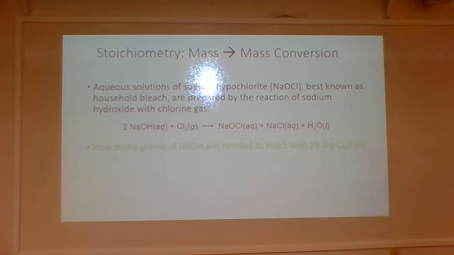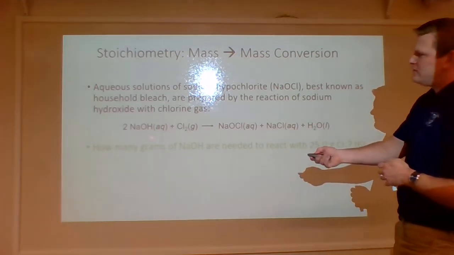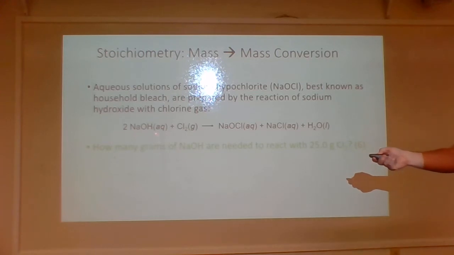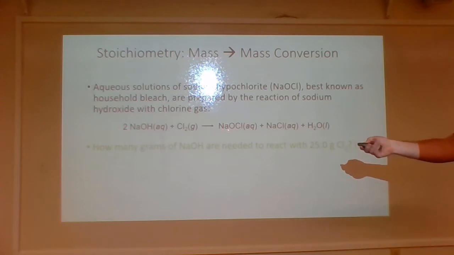Our first step here is just to make sure that everything is balanced in our chemical equation. Starting with sodium, there are two sodiums on the reactant side, and we have two sodiums on the product side.